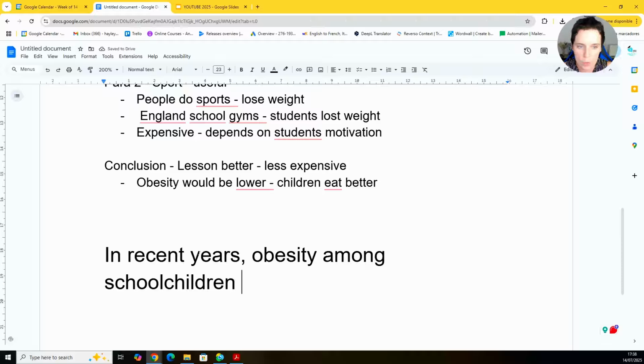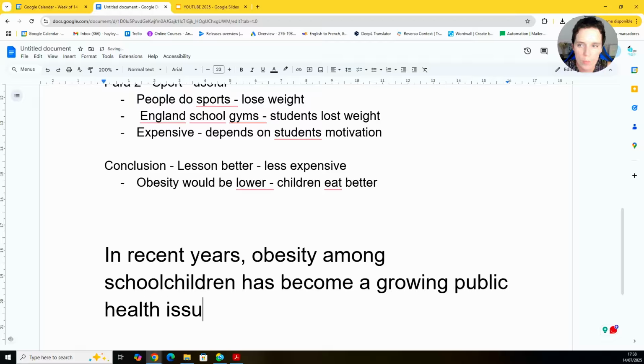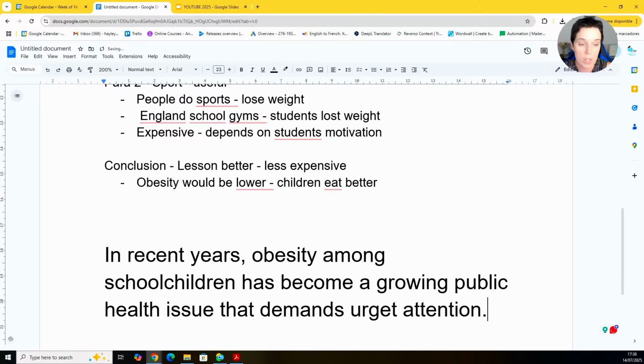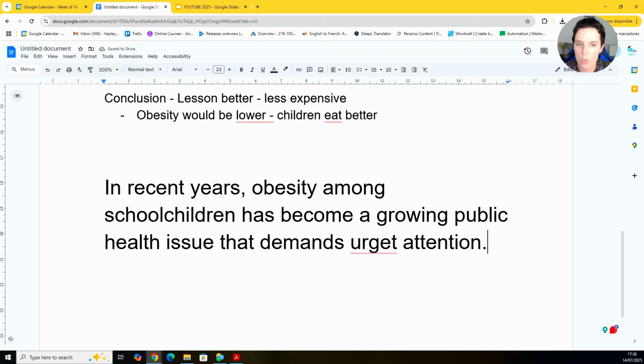So obesity among school children. Oh, let me start my timer again, sorry. In recent years, obesity among school children has become a growing public health issue that demands urgent attention. So that's my general statement on my topic. That's my first sentence of my introduction.